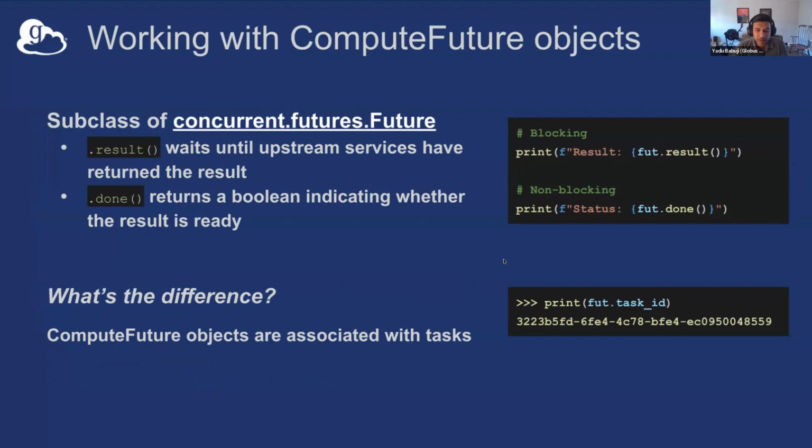As I mentioned just a bit back, when you submit a function to an executor, what you get back from the executor is a future. Just to cover all our bases, a future is a concurrent.futures Future object. It's an asynchronous computing primitive.